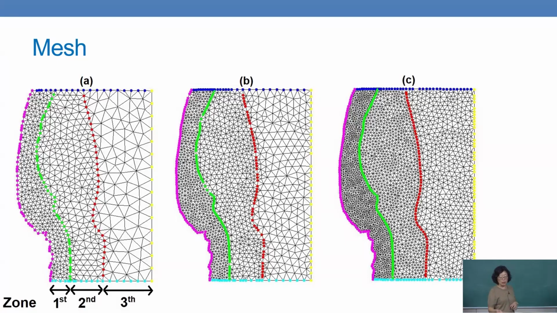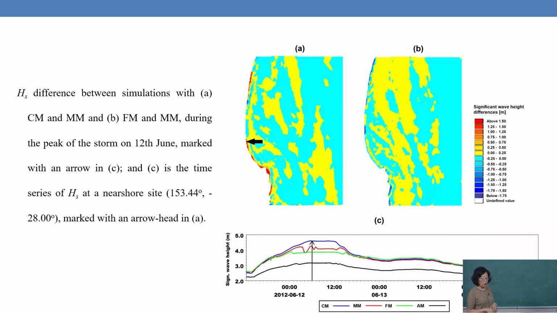But you are able to see we have a gradual change from the offshore all the way to the nearshore, the different dimension. So it's varying. And when we were making all those selections, we did plot out a 2D comparison. And we realized that, of course, in the coastal line area, we have to have a finer mesh.